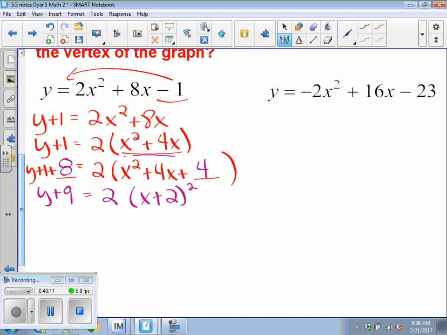We only have one step left, and then it's in our vertex form. Here's our vertex form. It's just y equals. It can't be y plus 9 equals. What do you think that plus 9 is in this? That's my k. So put that k back where it belongs over there. So y equals 2 times x plus 2 squared. Then what? Minus 9. It has to change signs. That is vertex form.